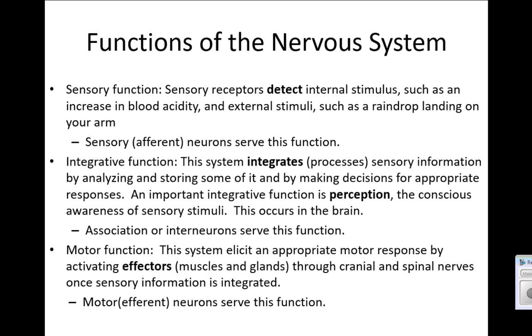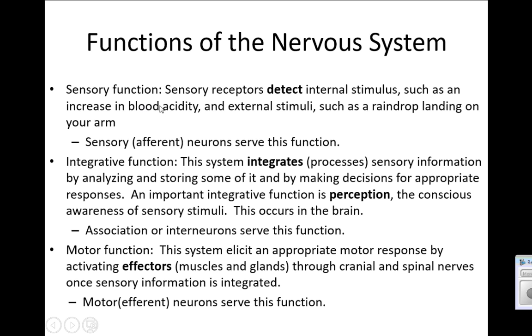Internal, external, doesn't matter what we're talking about. Okay. Those sensory receptors, sensors or receptors, a lot of times are neurons. The type of neurons are sensory or afferent. We'll talk about what those words and what type of neurons these are today. Okay. Sensory neurons provide sensory function. That's about as easy as it could ever be.